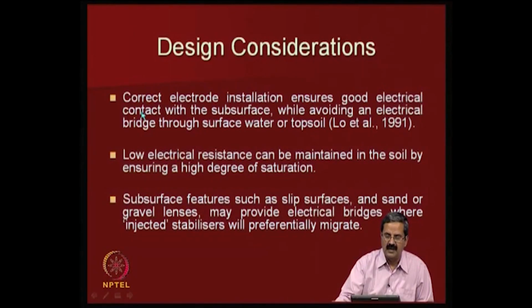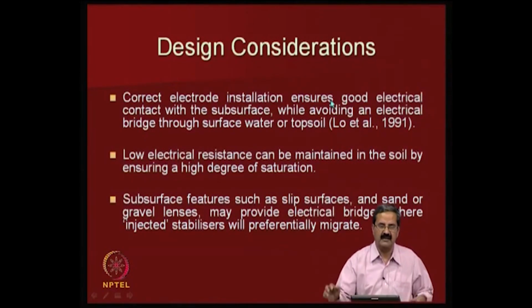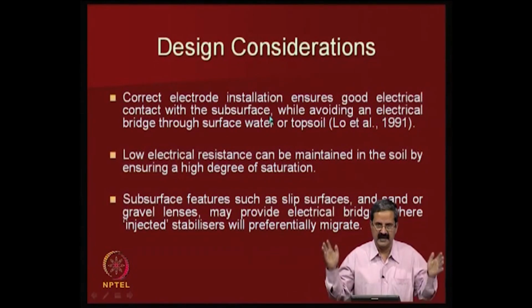So, what is required in this? Some of the issues we should discuss. First, correct electrode installation. We have a cathode and an anode, and they should have good electrical contact with the subsurface. There is a clay soil, and you put the anode and cathode in as small tubes.